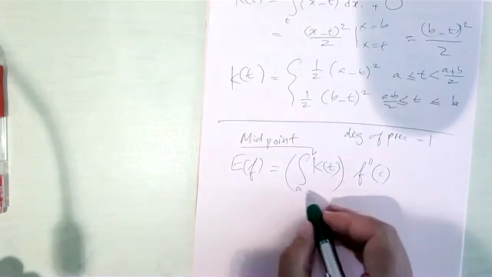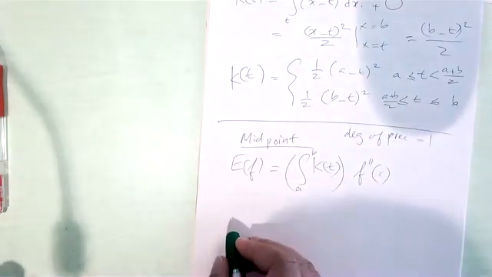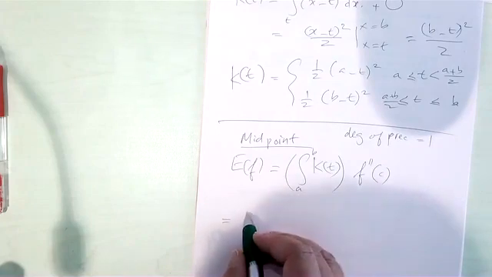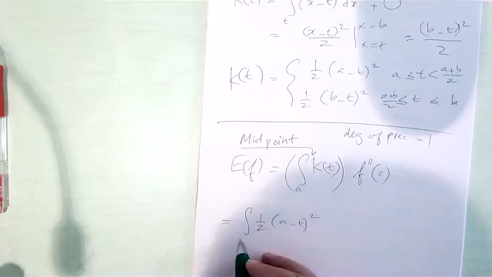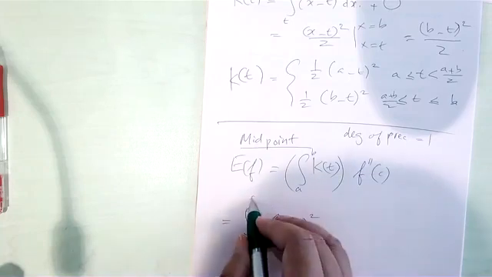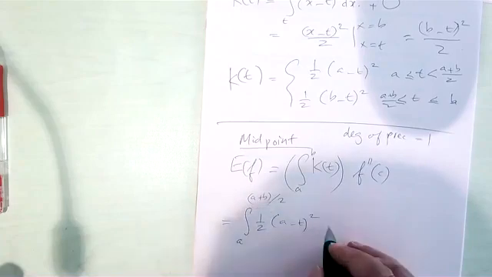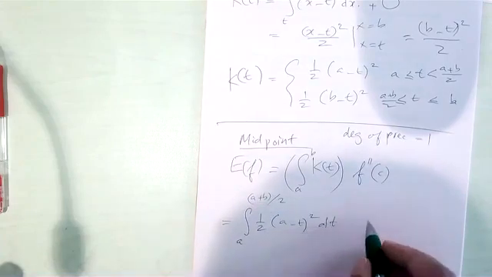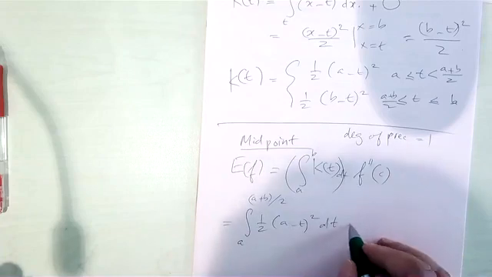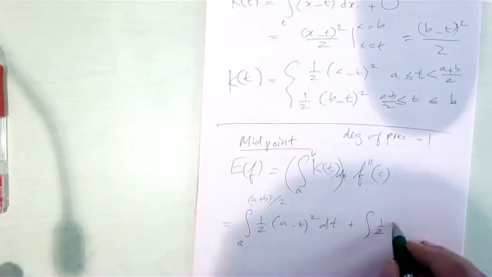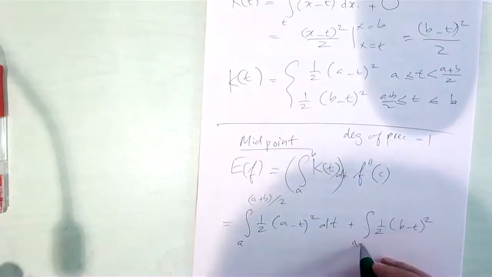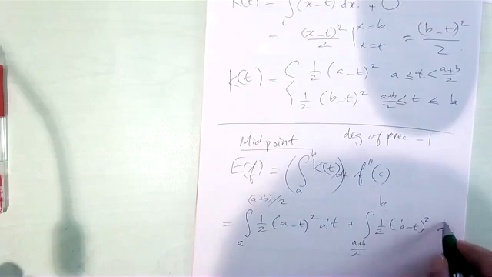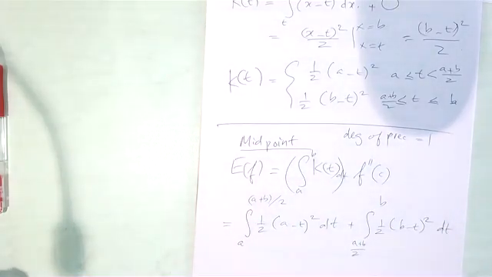Now you have k(t) here, so this integral is 1/2 (a minus t) squared from a to (a plus b)/2 dt, plus the integral of 1/2 (b minus t) squared from (a plus b)/2 to b dt. So you see, this formula allows you to give the error very precisely.